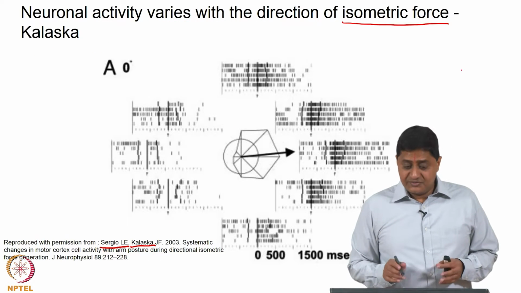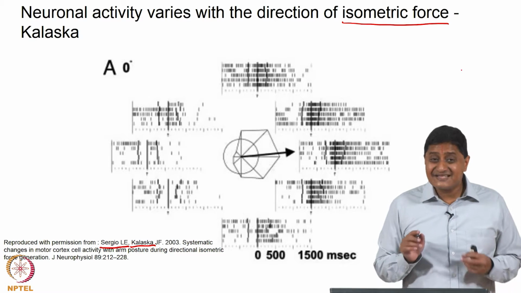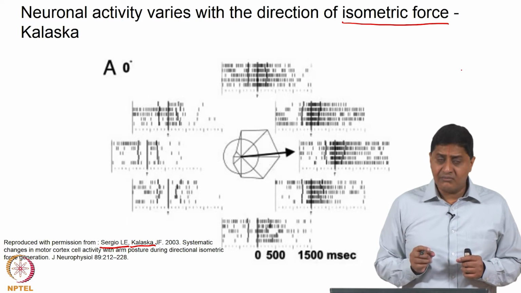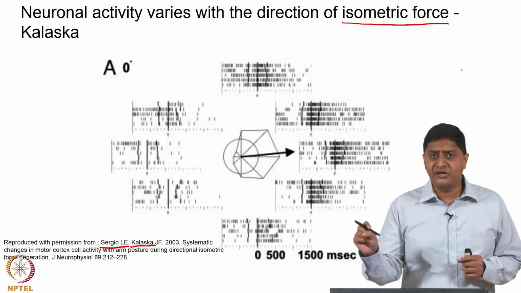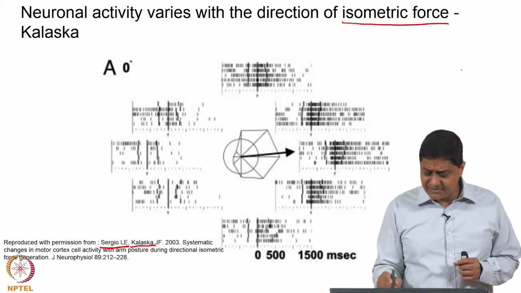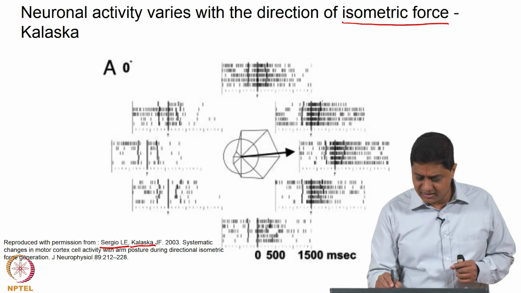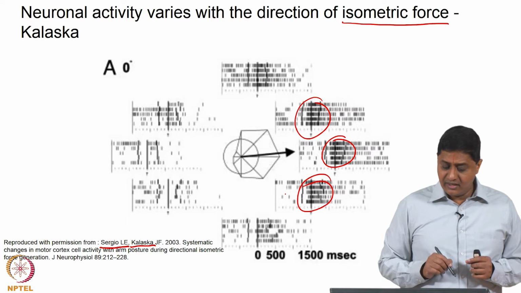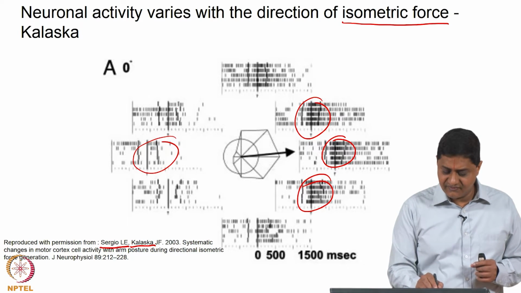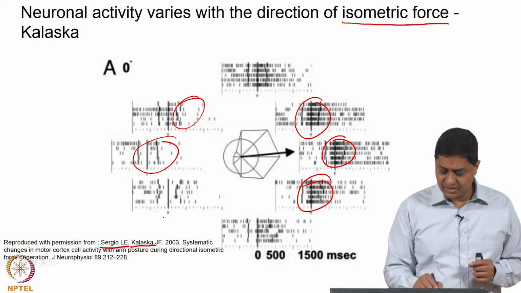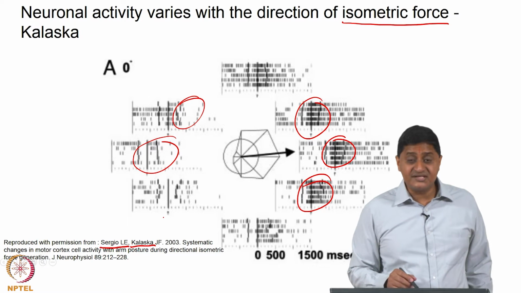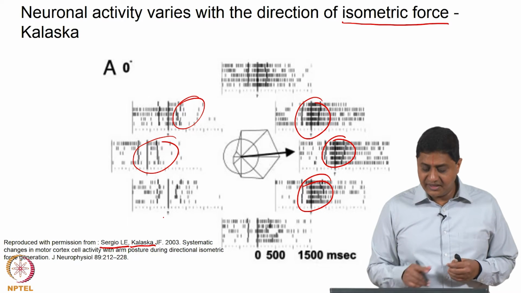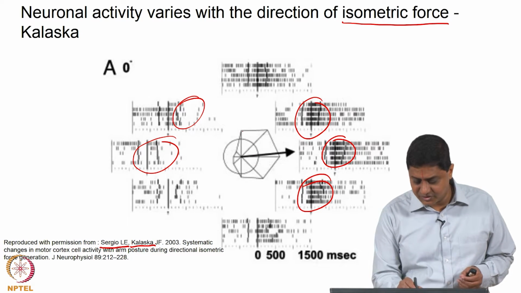Whereas this picture presents activity from a single neuron, and when the monkey is producing force in a particular direction, there is maximal activity as seen by these, and in the opposite direction there is very minimal activity. So, from this I can again reconstruct a directional tuning curve like in the case of Georgopoulos, and that is shown here.